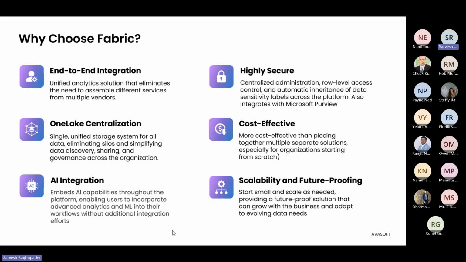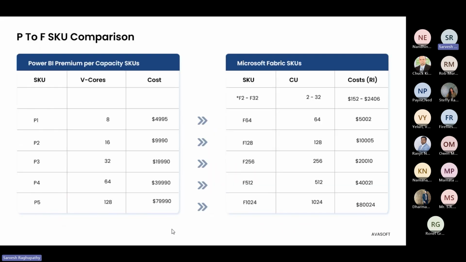And segueing from cost effectiveness, here is a licensing picture about what the pricing points were initially with the previous Power BI licensing model, and what it now is on the Fabric licensing model. All of these on the right side are reserved instance costs, which was the same previously. You had to commit to a yearly contract for Power BI Premium licenses.